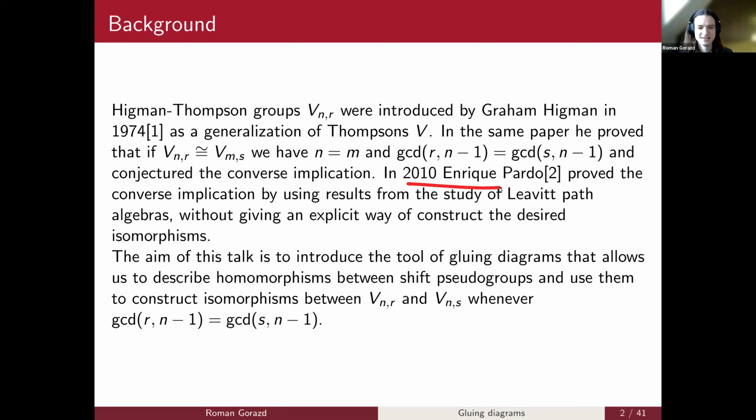I would struggle at least to get an explicit way to construct a direct isomorphism of Higman-Thompson groups from that paper. I don't think there's an explicit way there.